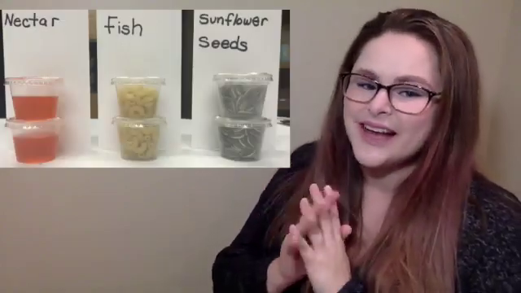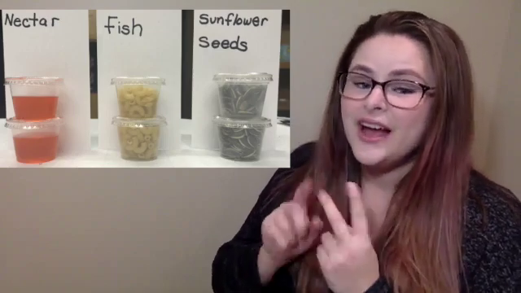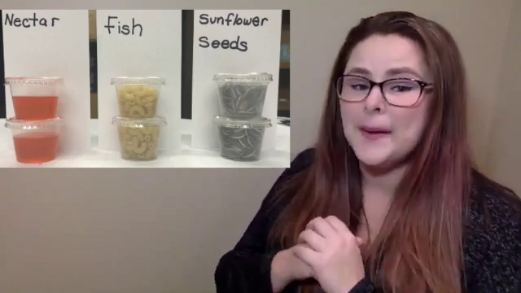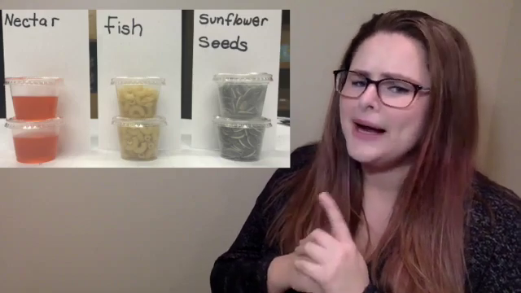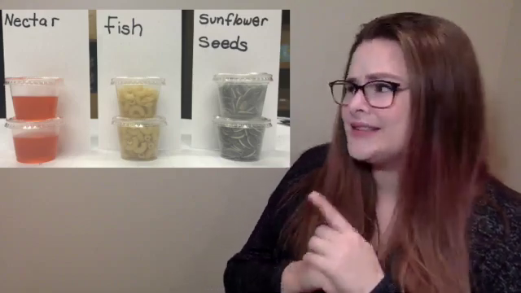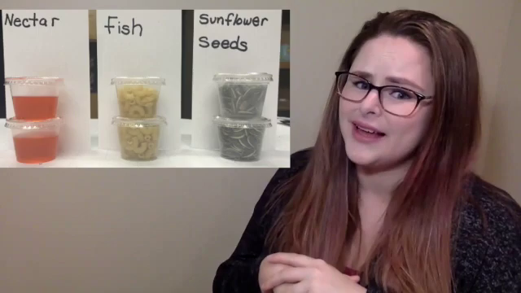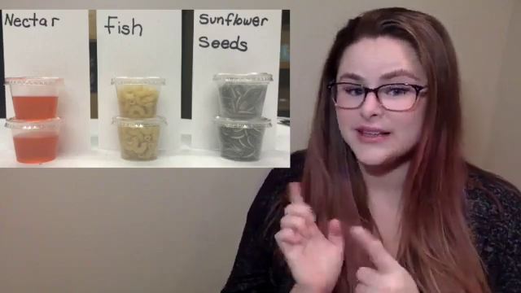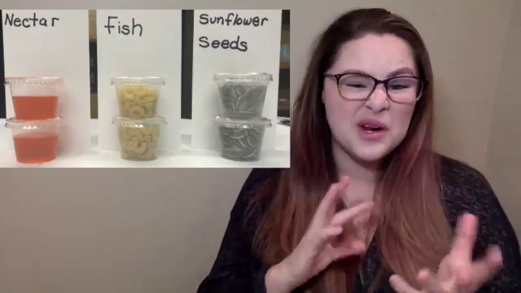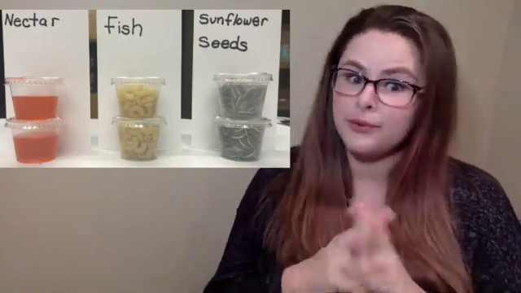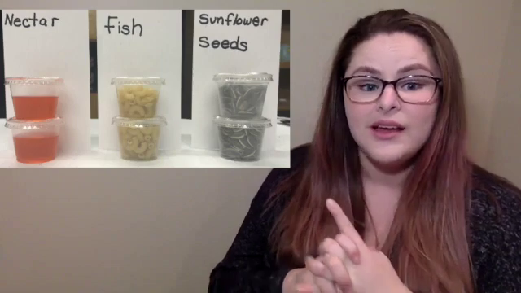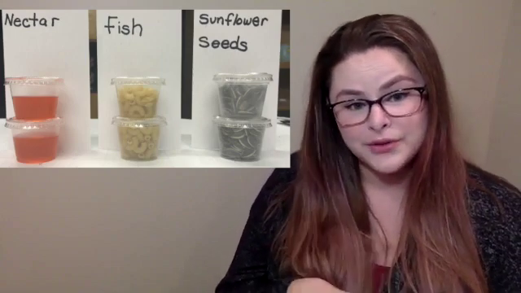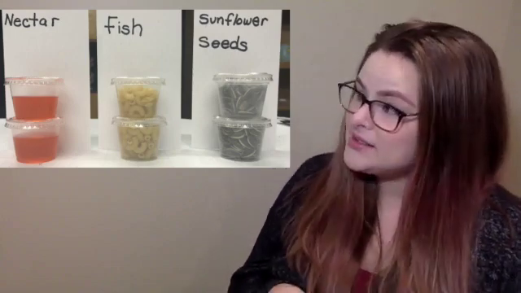As you can see, I've labeled them nectar and fish and seeds, but I don't think that that is fish or that that is real nectar. So we are pretending, or using these things to simulate what it would be like if we were real birds out in the wild. These are the types of foods that birds eat.